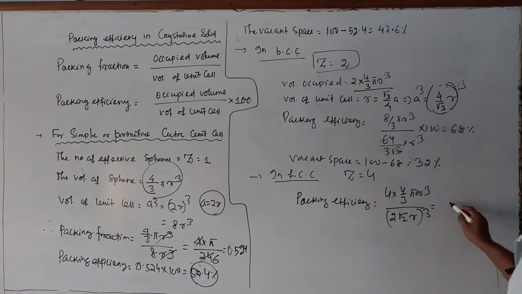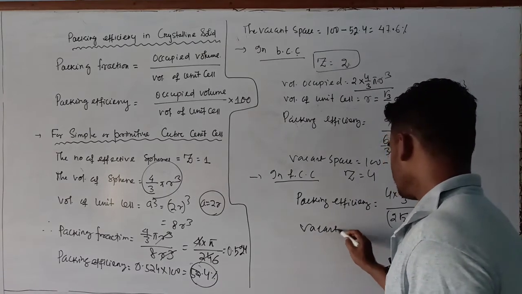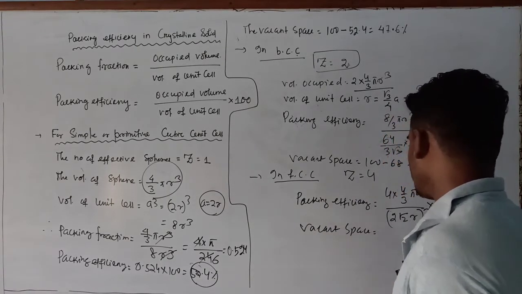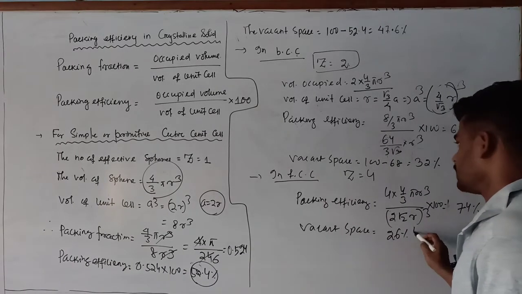So that will be equal to 0.74. To get packing efficiency, we have to multiply by 100, that will be equal to 74%. So vacant space or empty space, you can say, that will be equal to 26%.